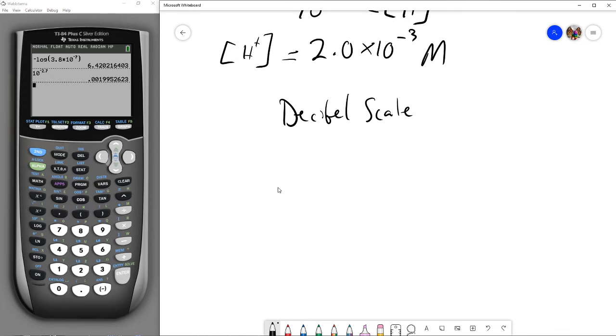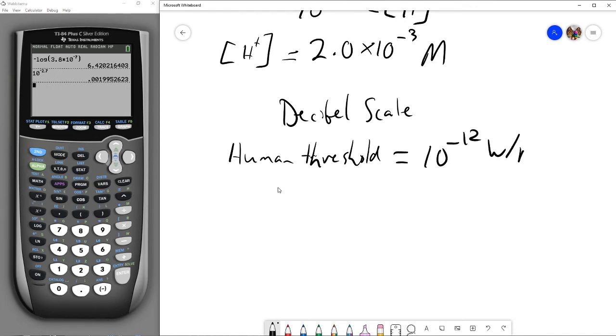Since we're measuring how loud a sound is, we want to compare it in terms of the human threshold of hearing, the lowest that we can hear, which is about 10 to the negative 12 watts per meter squared, which is very quiet. Now this quantity I'm going to denote with an I naught.